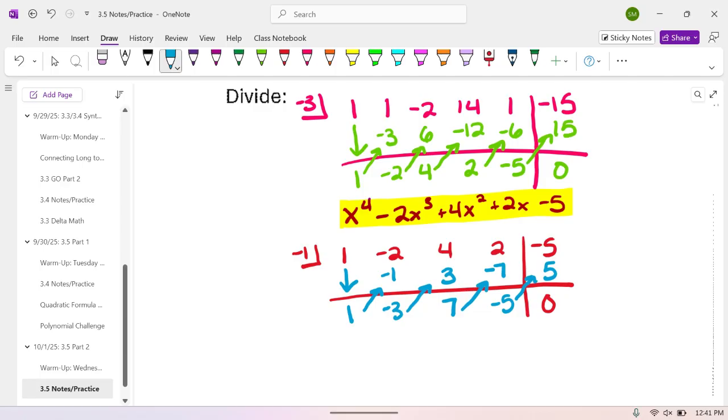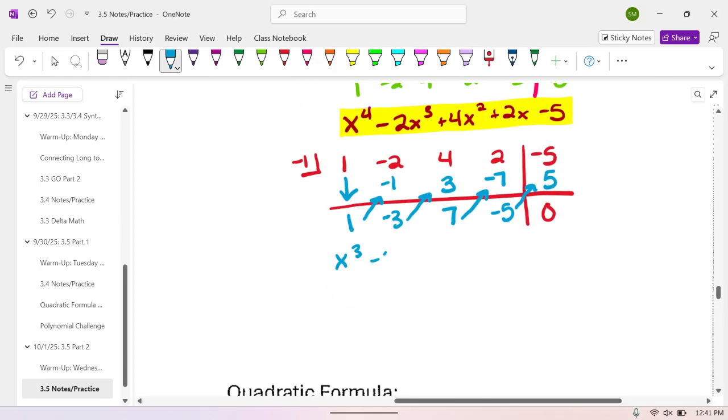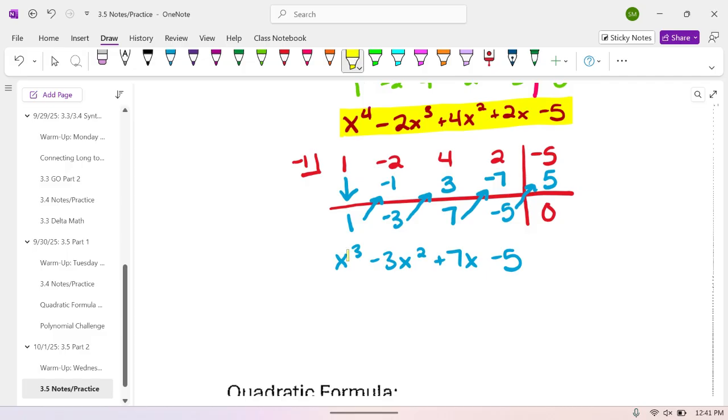So, it'd be x cubed. So, we now have x cubed minus 3x squared plus 7x minus 5. Now, still not at a quadratic yet, and we have one more root to go. So, we're going to use the cubic. We're going to do synthetic one more time with our last remaining root.